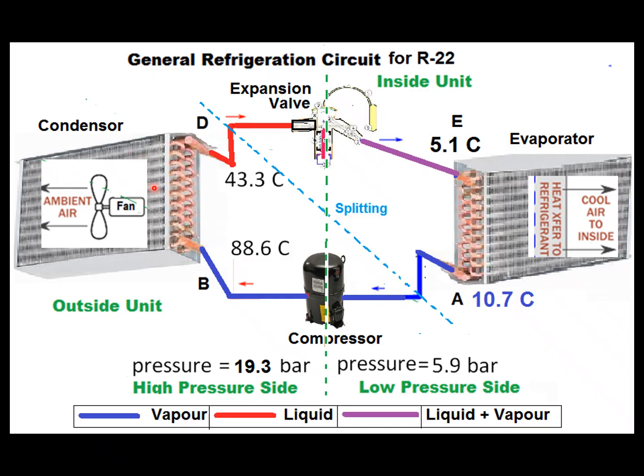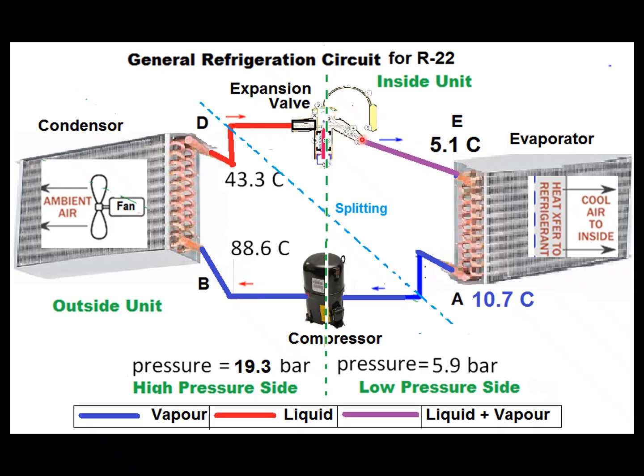Now these coils may be in copper or maybe in aluminum. From the condenser, the refrigerant comes out and changes its pressure through the expansion valve. That means it is something like a pressure cooker. Here the pressure is reduced and the refrigerant comes once again here.